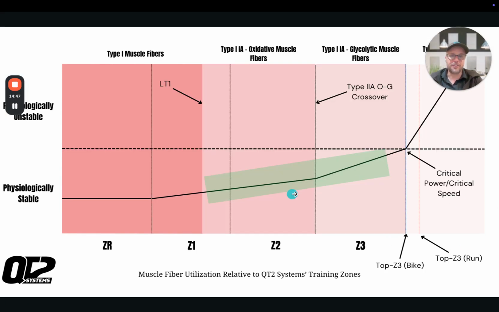In terms of energy systems, it's typically going to fall across this spectrum and be very dependent upon which type of event you are training for. So, for example, if we are training for, say, an Ironman, our specificity block is really going to focus on this area of the green highlight.